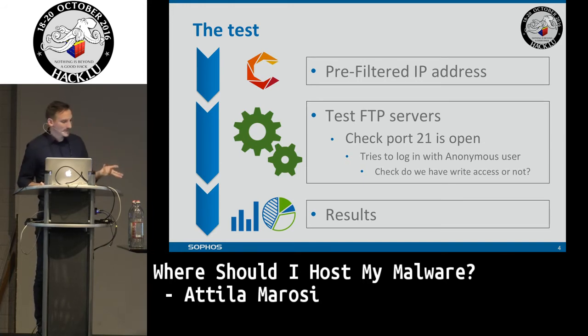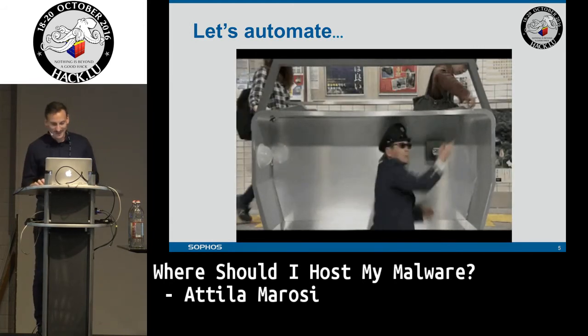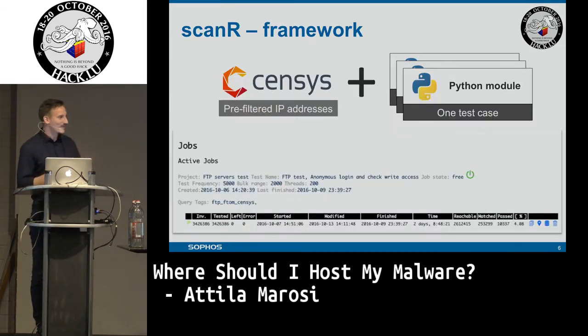So how could this process look like? Get the IP addresses, check them, and fill a list. If you don't want it this way, you need some other tools for it. So I developed a scanner. It's called Scanner Framework, which can be fed with IP addresses. You can tag the IP addresses, and you can create easy and very tiny Python modules to do some test case and collect the results in a very generic way.